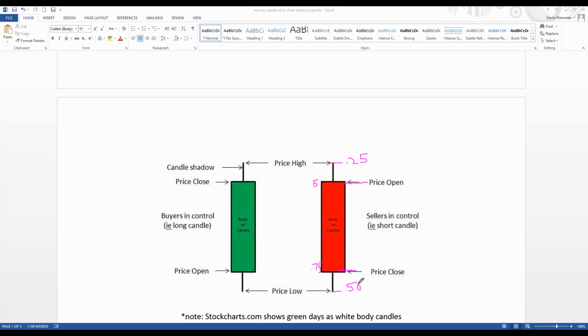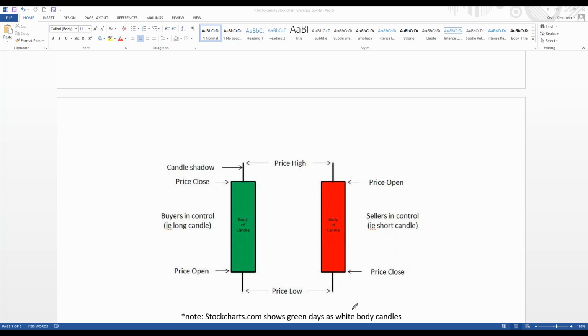Just because you traded down to $4.50 but you didn't close down there, you closed at $4.75, you're going to have this little wick. And because you traded up to $5.25 but you opened at 5, you'll have this wick up here. The body always makes up the open to the closing range. And on a day where prices are moving higher, the body will be a green candle, or on days when prices are moving lower, the body will be a red candle.